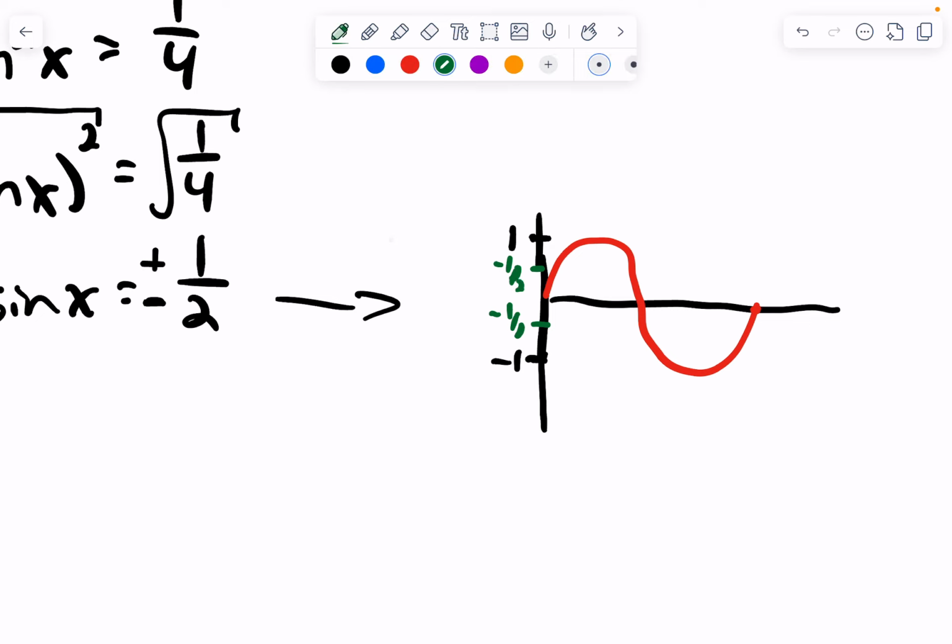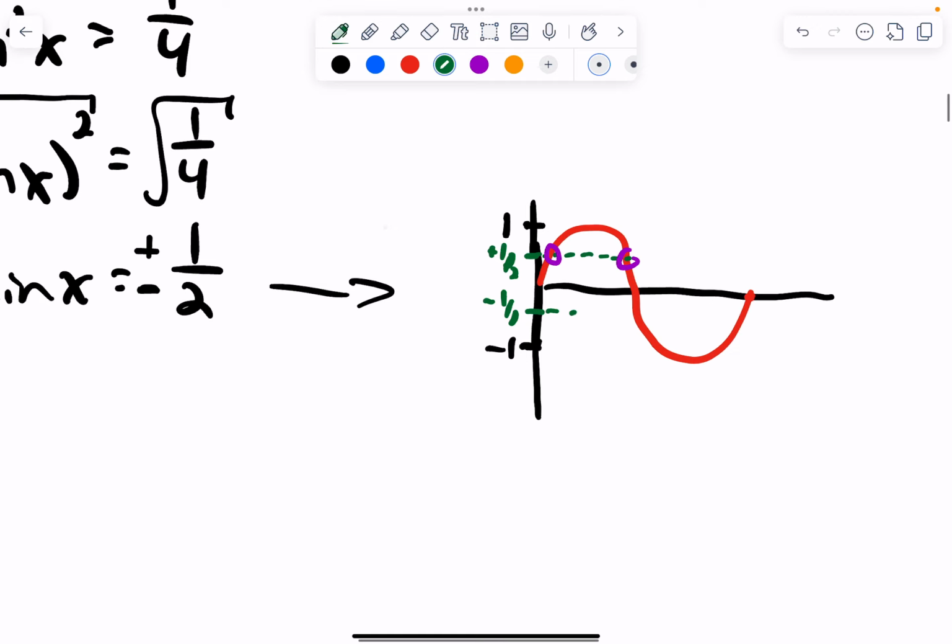You can see that the positive 1/2 will result in two solutions, right here and here. The negative 1/2 would result in a solution right here and right here.